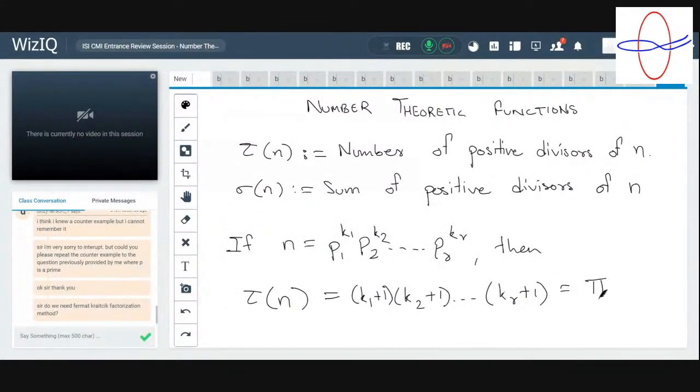In a more compact form, you can write this as a product over the exponents plus 1.